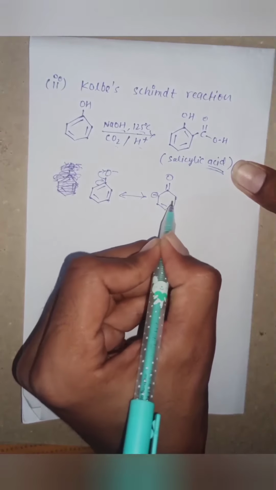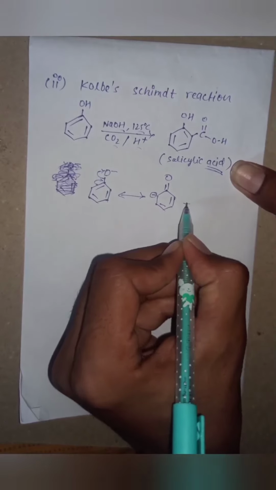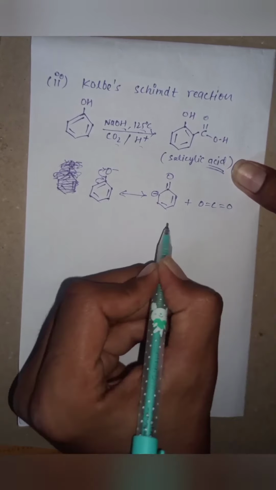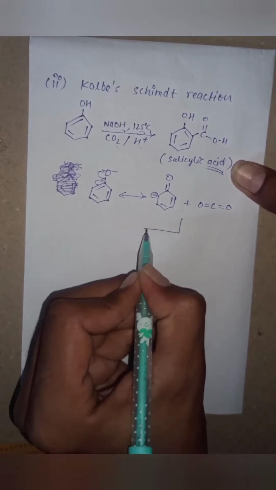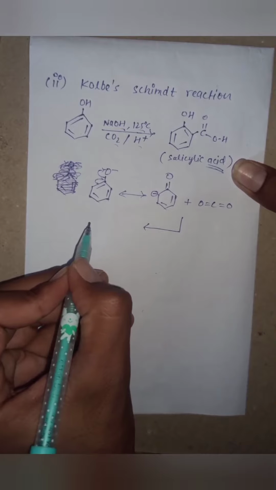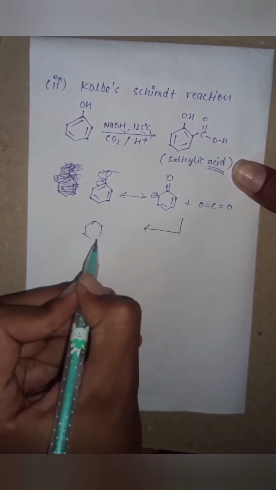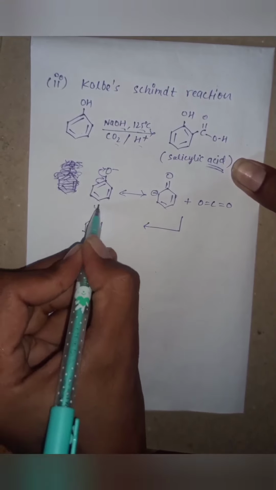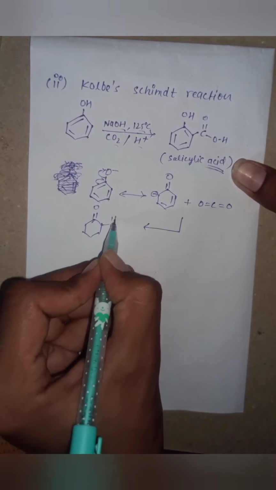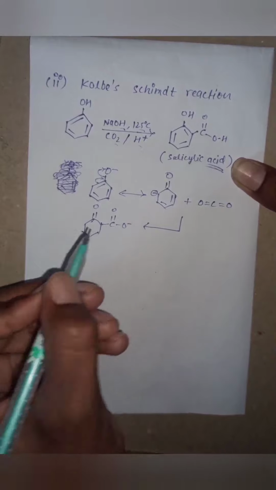Now what happens? The CO2 reacts with this ion to form another compound, that is O C double bond O negative.